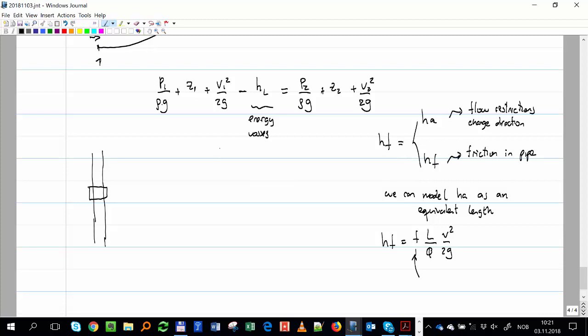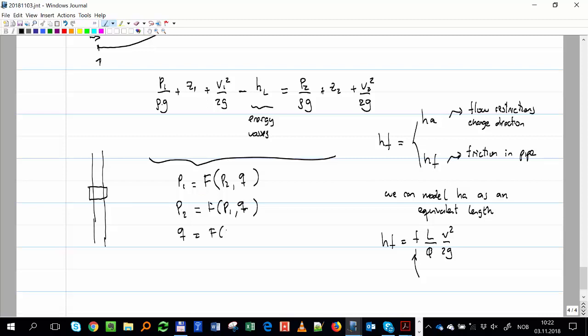So remember what we want, in all of our developments for gas, we are trying to get an equation in which P1 is a function of P2 and Q, or we want an expression where P2 is a function of P1 and Q, or we want an expression where Q is a function of P1 and P2. And we can get it with this expression if we just rearrange terms a little bit.